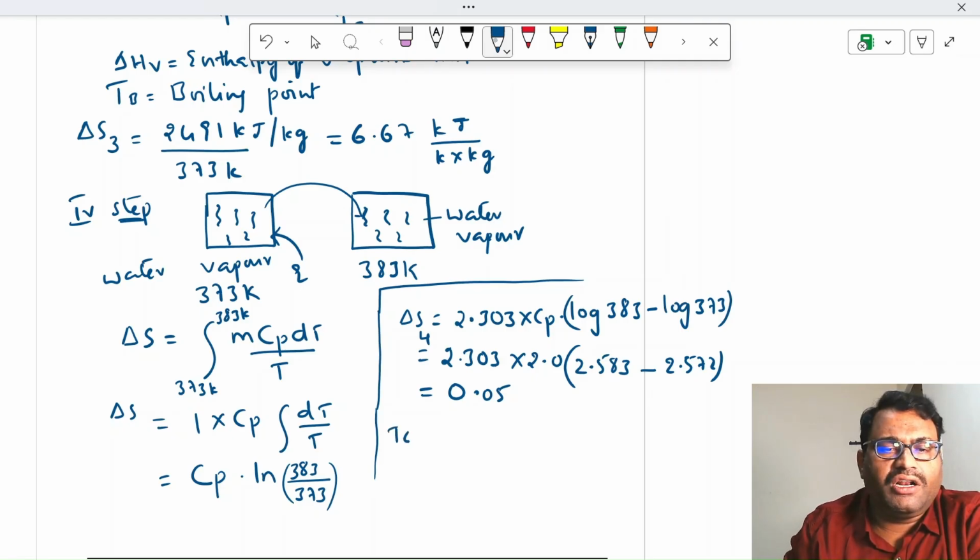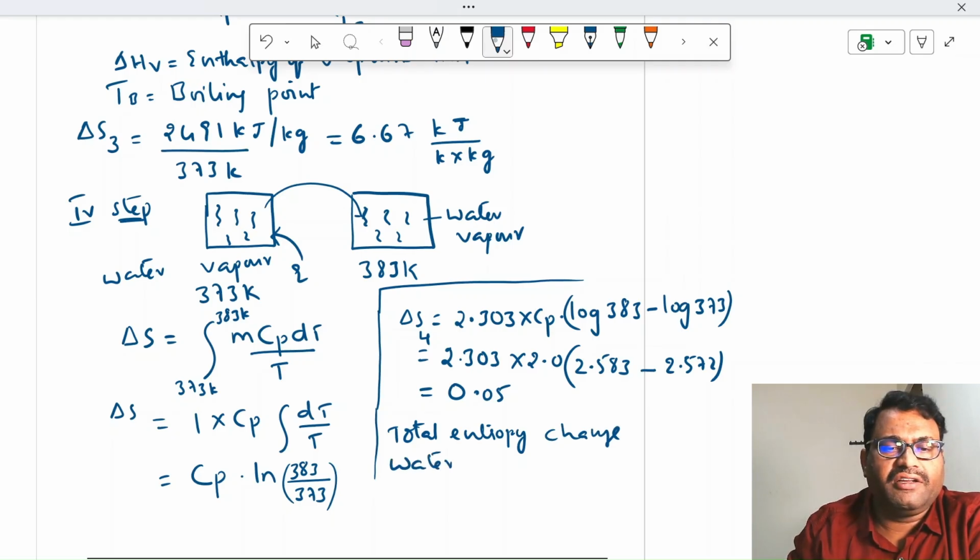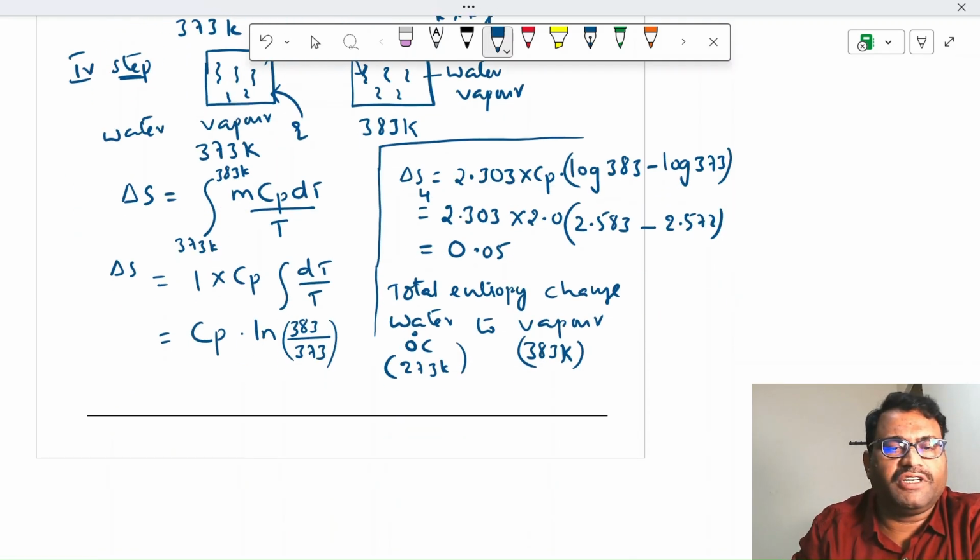So the total entropy change for water at 0 degree centigrade, that is 273 Kelvin, to water vapor at 383 Kelvin will be delta S total equal to delta S1 plus delta S2 plus delta S3 plus delta S4.